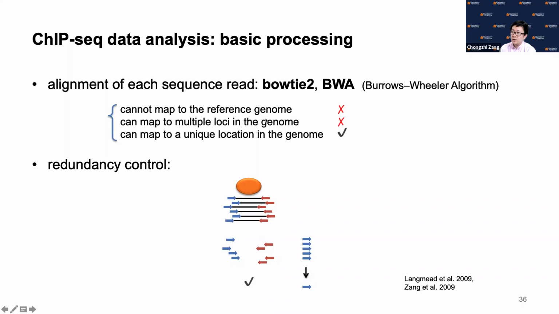Many years ago, the old algorithms simply discarded this type of sequence read because we cannot determine the deterministic position of that read. But the recent algorithms can give a relatively low score to these types of cases. What we like the best are those sequence reads that can map to a unique location in the genome, that can uniquely map.